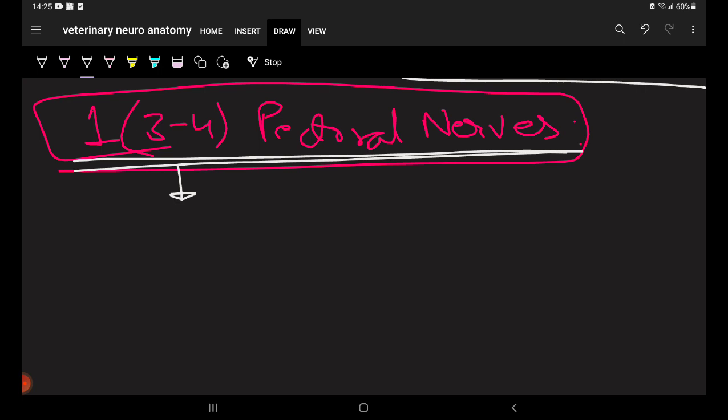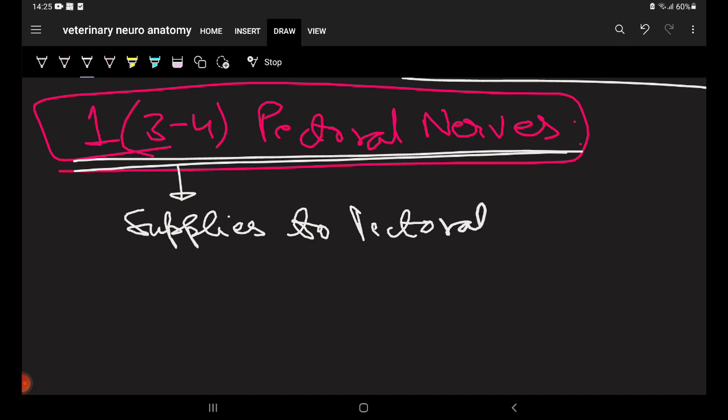It is actually a combination of 3 to 4 pectoral nerves, but it is considered as one nerve. So the 1, 3 to 4 pectoral nerve supplies the pectoral muscles, as the name suggests.